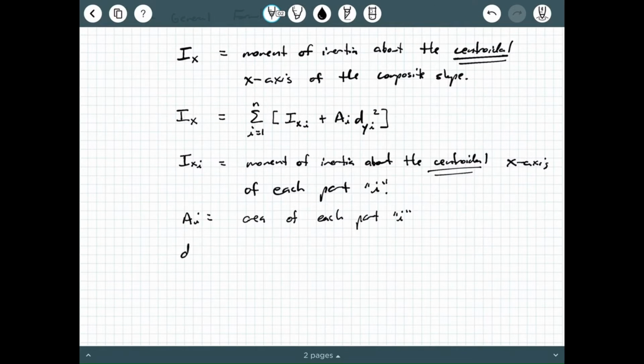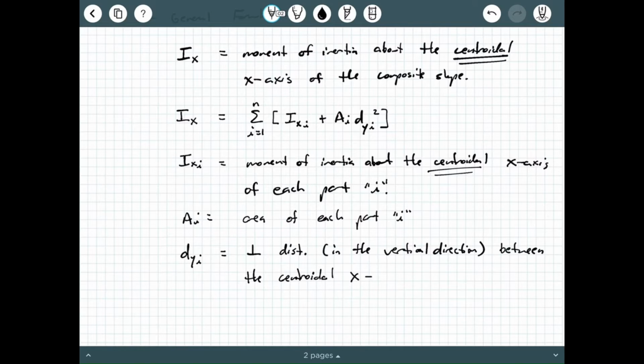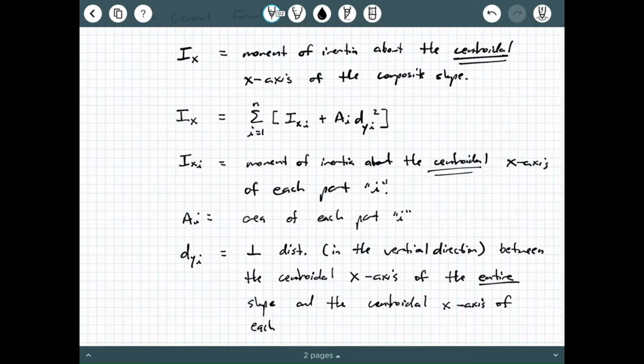And then d sub y sub i, what is that? So d sub y sub i is going to be the perpendicular distance, and in this case, in the vertical direction, and this is the perpendicular distance between the centroidal x-axis of the entire shape and the centroidal x-axis of each part i.